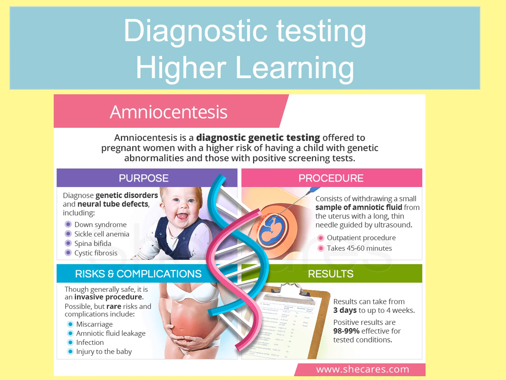Amniocentesis is one of these diagnostic testing procedures. An amniocentesis is carried out at about 14 to 16 weeks. It involves the withdrawal of a little amniotic fluid containing fetal cells. These are cultured, stained, and examined under the microscope.